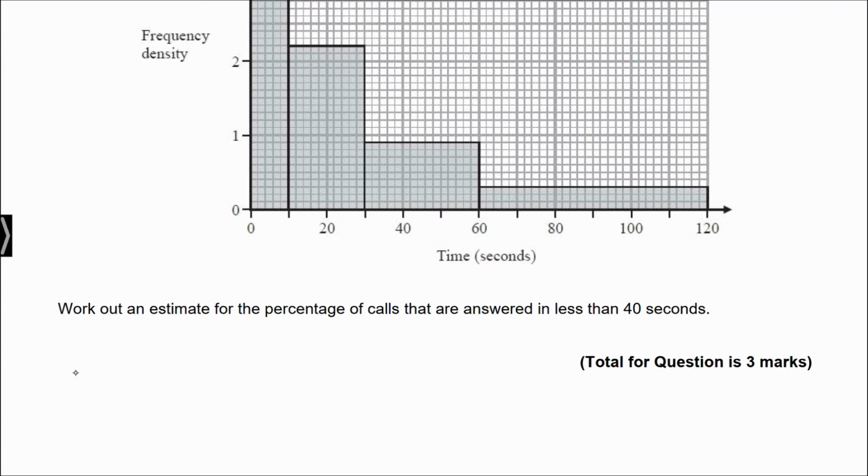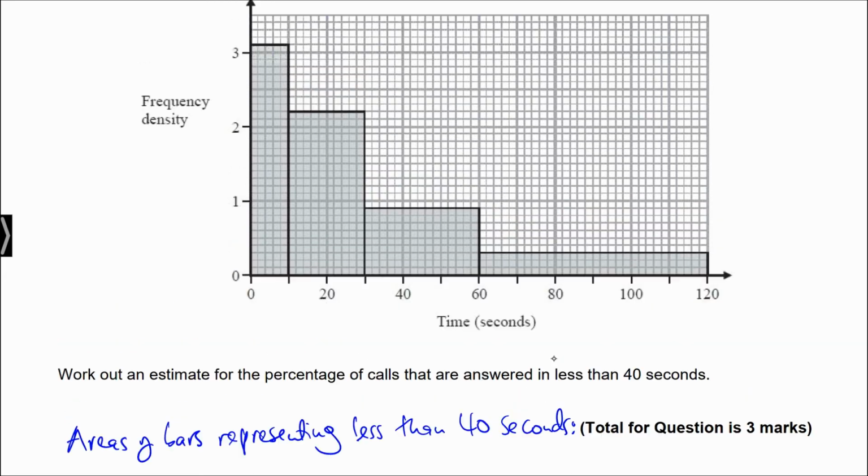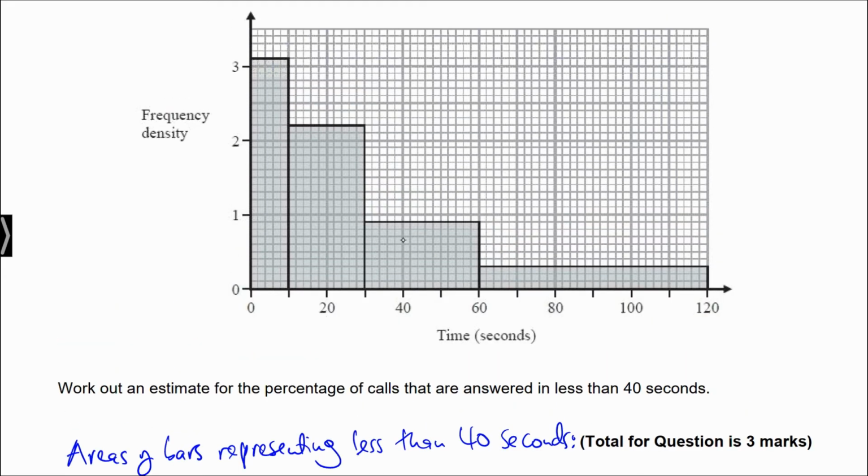So areas of bars representing less than 40 seconds. So this will be equal to, 40 seconds is here.